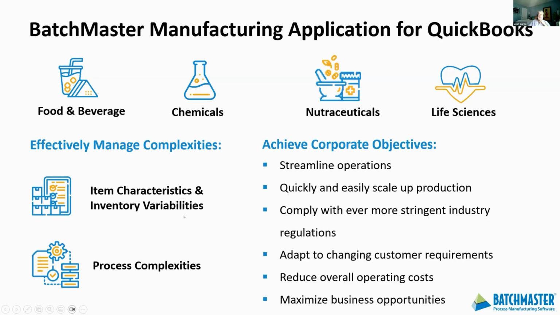And all the customers that we've dealt with, having QuickBooks and BatchMaster working together allows them to quickly and easily achieve some of these corporate objectives. So that's really the bottom line.